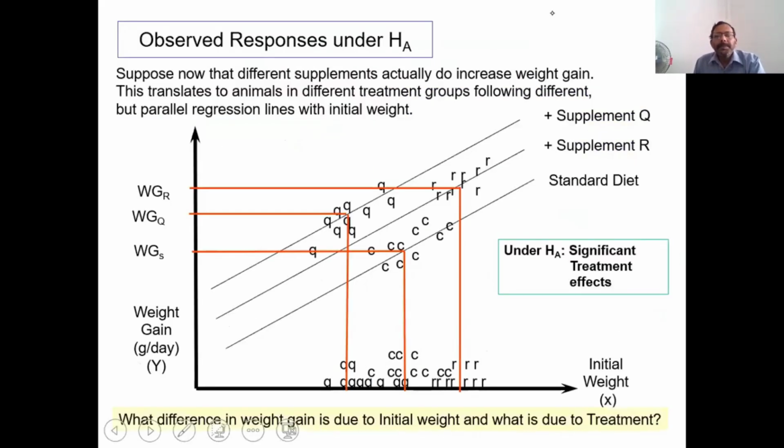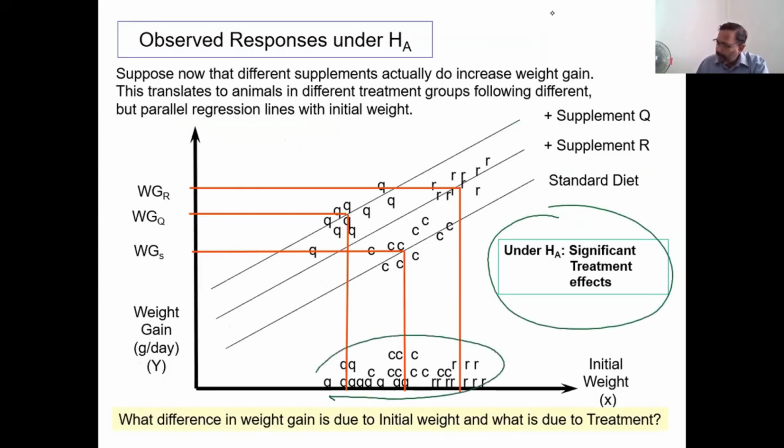Right. Now, this is a little bit more advanced one. If I want to say under the condition when the initial weights are different, they are having a different initial weight. Under that, if you want to accept that there's a treatment effect, then we'll have to consider, this is what we are going to look at using analysis of covariance. Right?